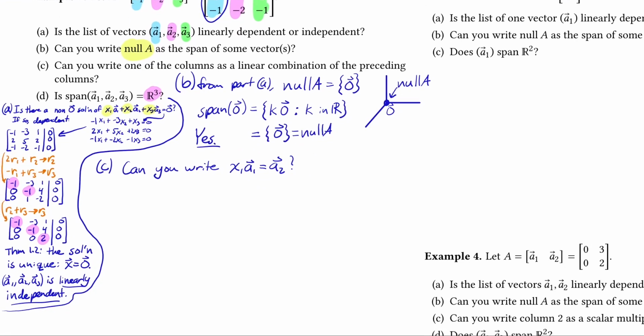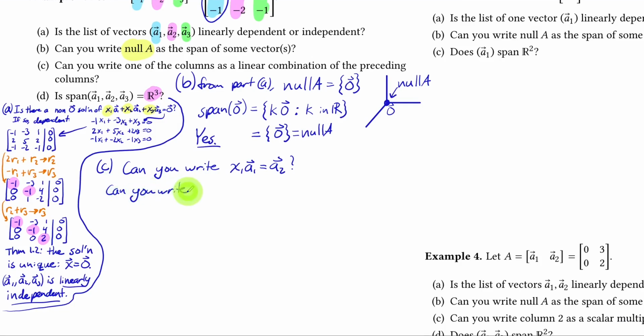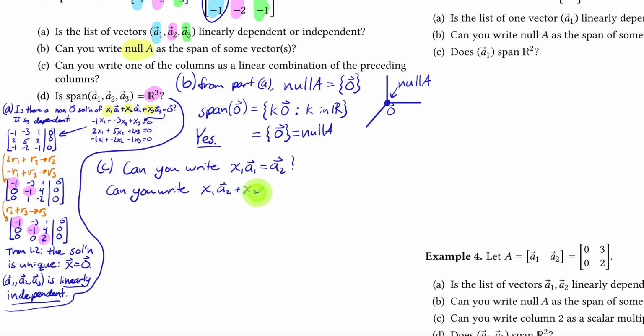And another question we could ask is, can you write the third column as a linear combination of the 2 preceding columns? So is there some x1 and x2 so that you can get a linear combination of A1 and A2 to get A3? So let's think about these 2 questions independently.